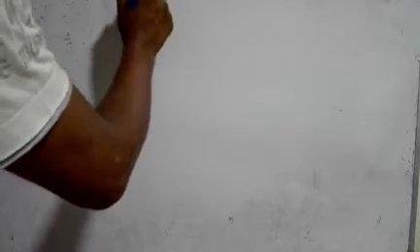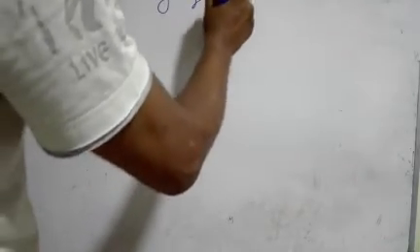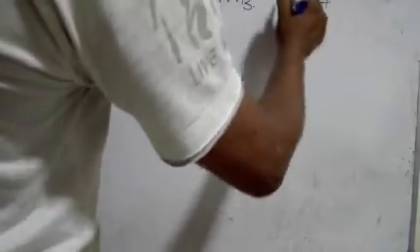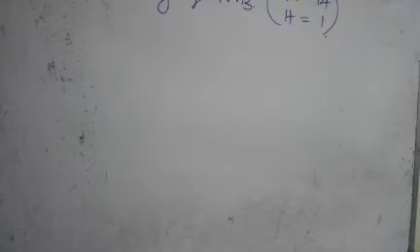Now we'll look at this question. If you are told to find the number of moles of ammonia in 51 grams of ammonia, nitrogen is 14, hydrogen is 1, relative atomic masses are given.